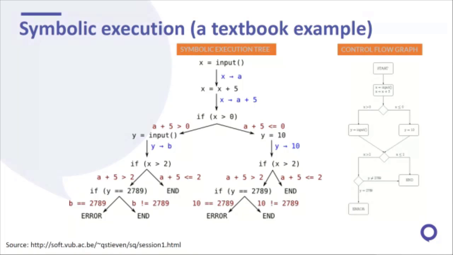If you see the blue assignments, instead of reading in a value for X, for example 7, it assumes that it can be any value, and the symbolic language interpreter calls it A and assigns it to X. Then when there is an operation on X, the operation is done based on this symbolic value A and not on the actual value. So in the second step, the value of X will be A plus 5.